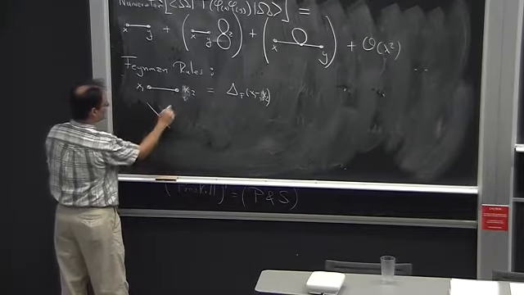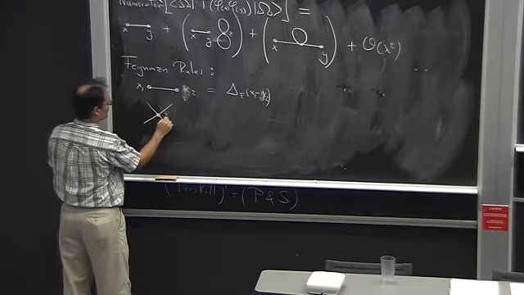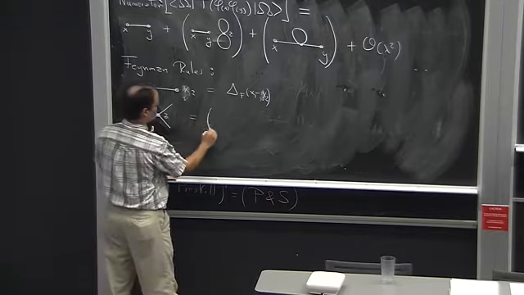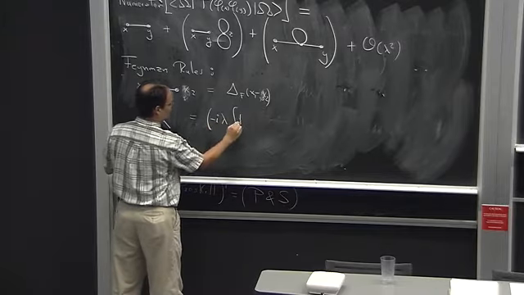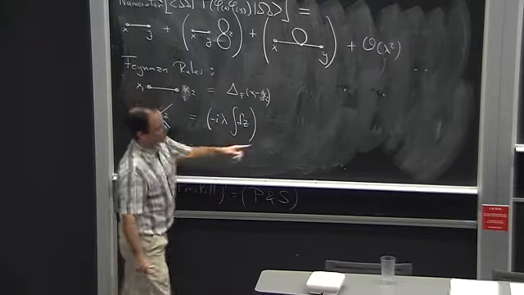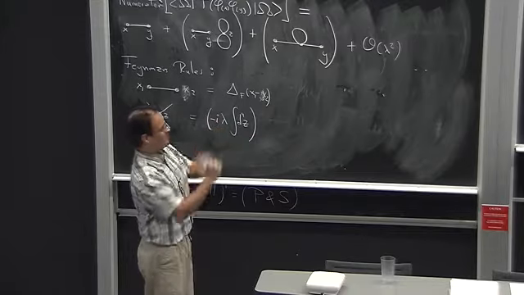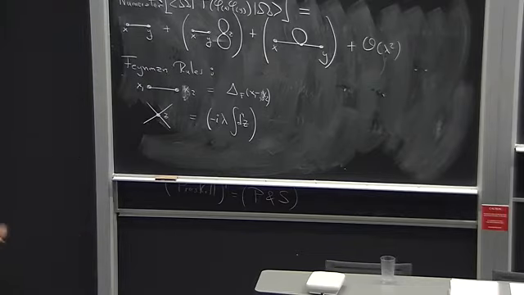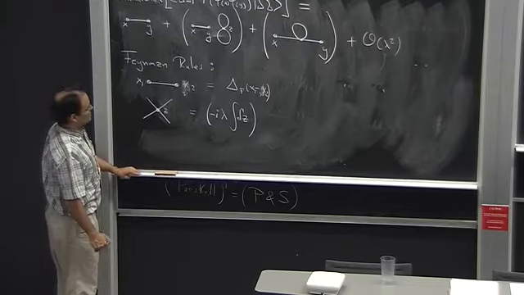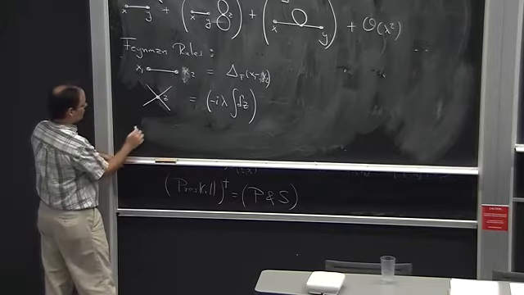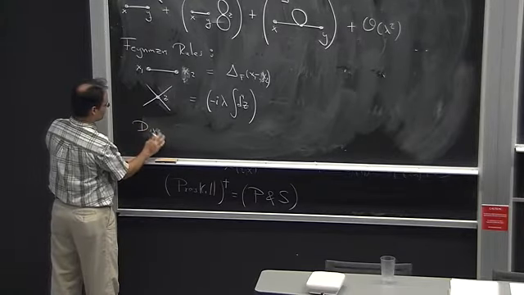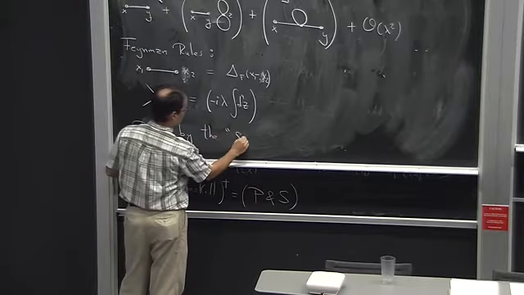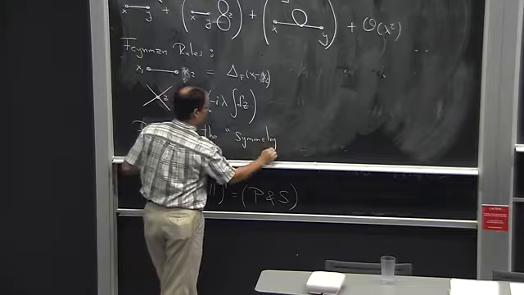Every time you see something like this, could be any label, of course, you replace it by minus i lambda integral d^4 z. That's the reason I put it. It was on purpose that I wrote the expressions exactly like that. And last but not least, you have to divide by what is called the symmetry factor.